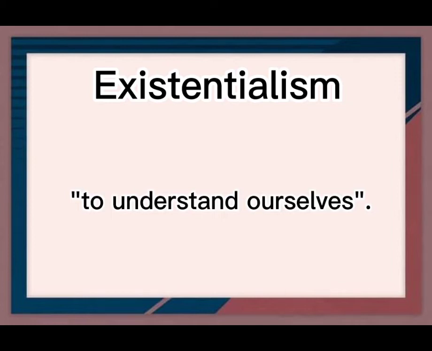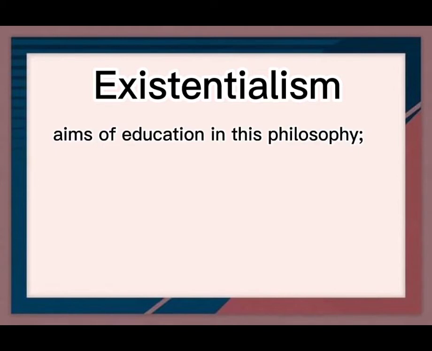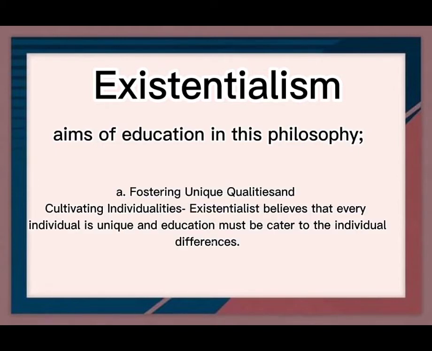Making existential methods work in the classroom requires a balance in which both teachers and learners, as human beings, preserve their identity. Hence, here are some aims of education in this philosophy: fostering unique qualities and cultivating individualities.